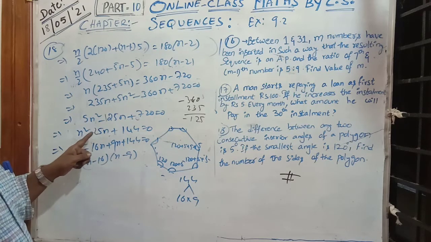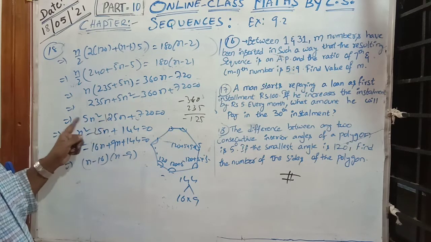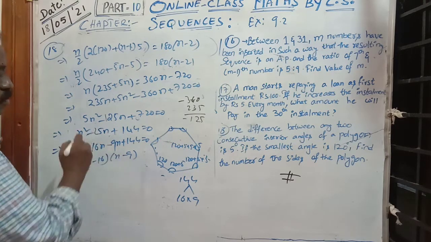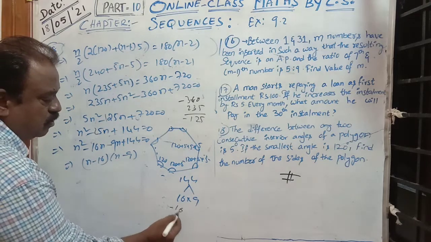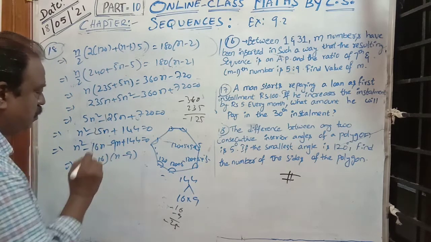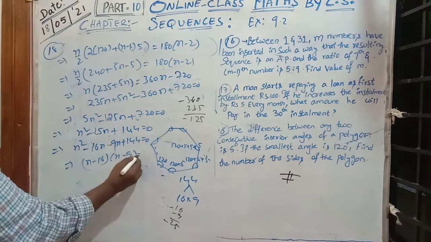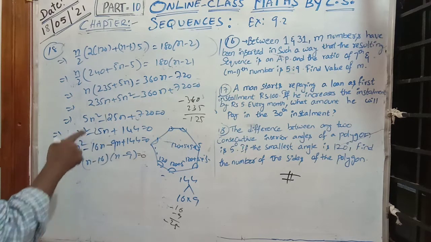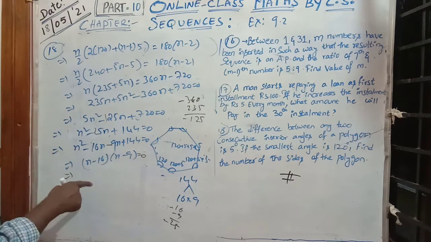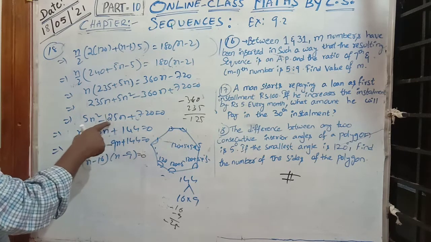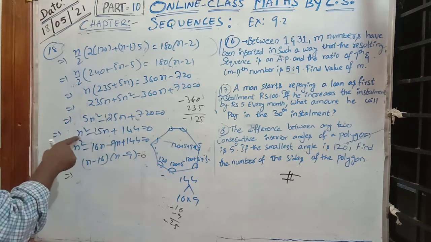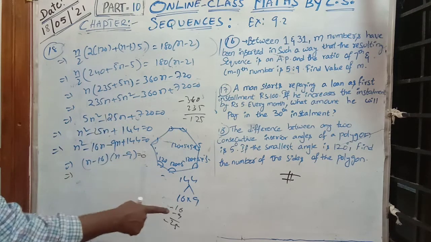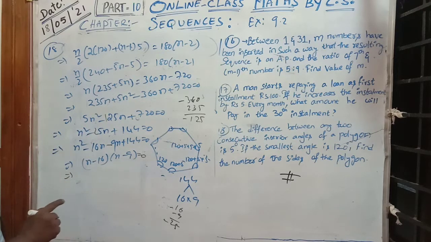If you divide by 5, simplify: n square minus 25n plus 144. 144 is 16 nines, and 16 plus 9 is 25, which is correct.